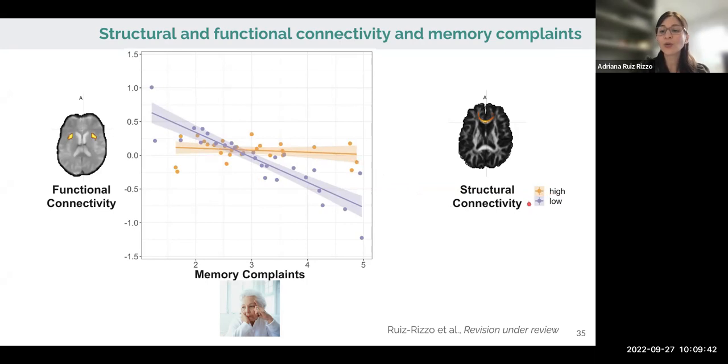However, for those with lower structural connectivity, or let's say less preserved white matter, we found a negative correlation, meaning that greater memory complaints at baseline were associated with lower functional connectivity 3 years later. In other words, structural connectivity was a moderator of the relationship between functional connectivity and memory complaints.